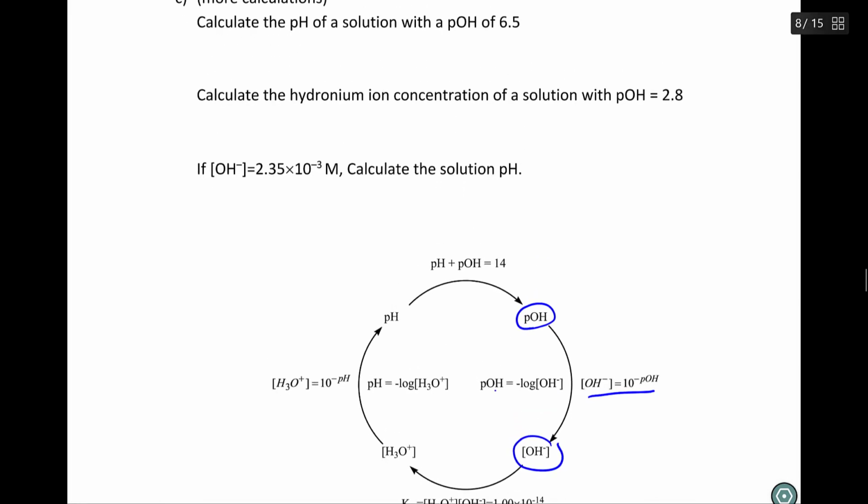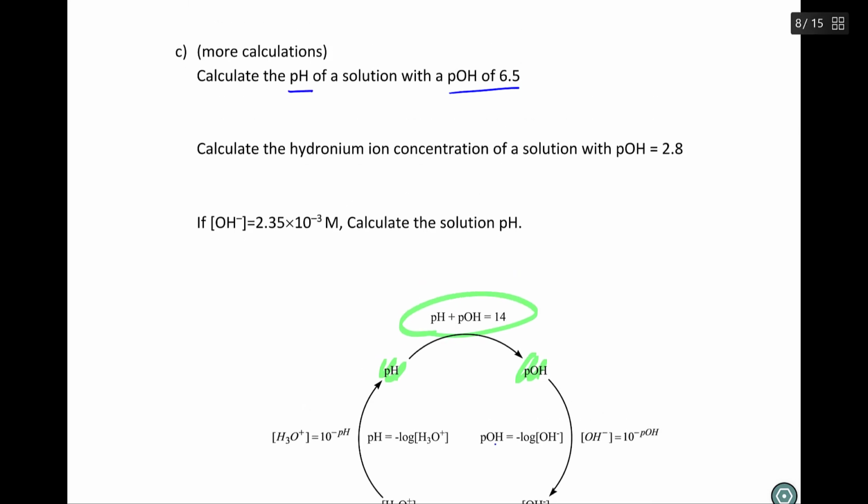So for example, I have to calculate the pH of a solution with a pOH of 6.5. Well, using this chart, that's this and this, so the equation that I'll use is that. To do the calculation, pH plus pOH is 14.